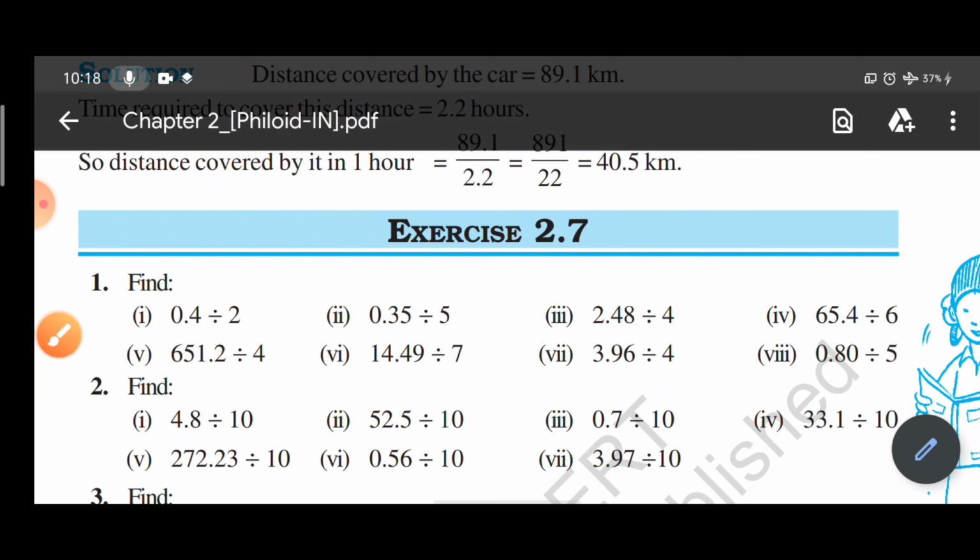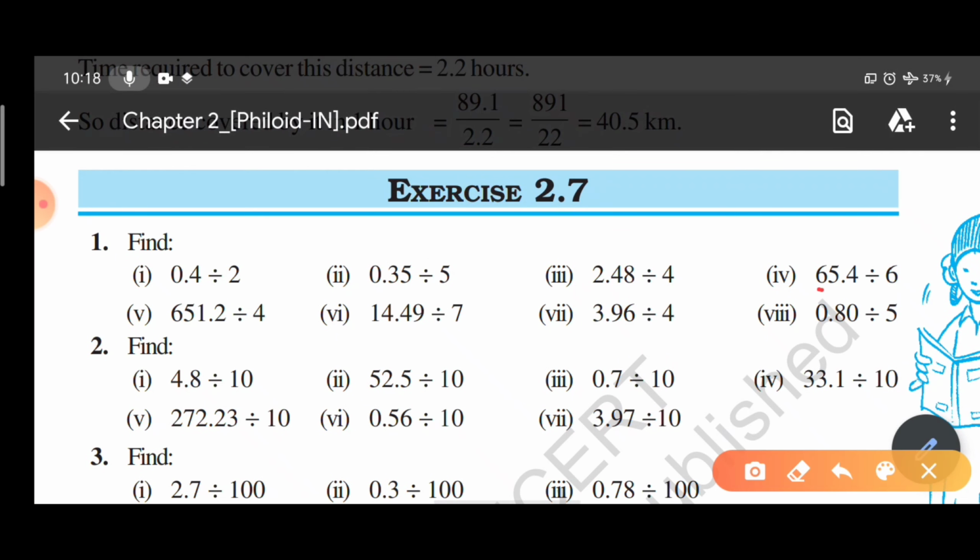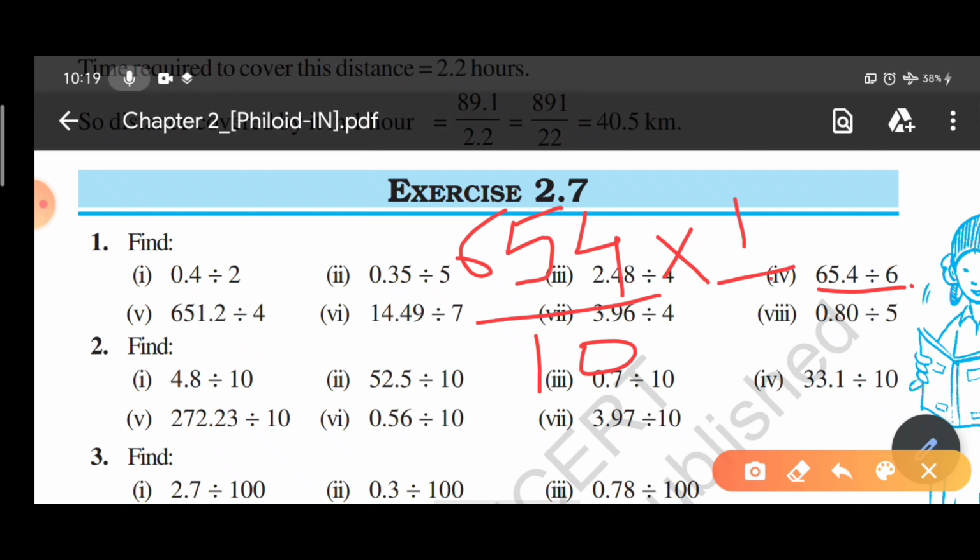Now again some different questions are provided. For example, if it is like this, 654 divided by, it will become 10. Now I have to take the reciprocal of this value. If it is 6 by 1, it will become 1 by 6. Simply divide 654 by 6, then apply the decimal point 1 place over in your answer to convert it into decimal form.